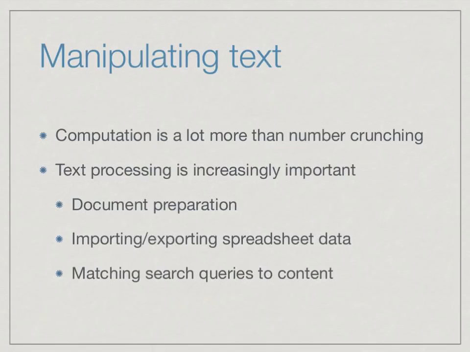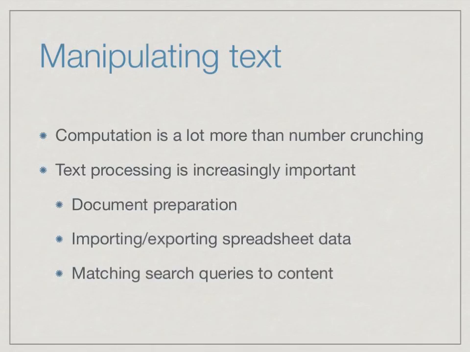And finally, most of us spend our time using a computer actually working with the internet. So one of the most common things that we do when we use the internet is to type queries and look for matching documents or other resources on the internet. So most of this search query processing currently is done using text.